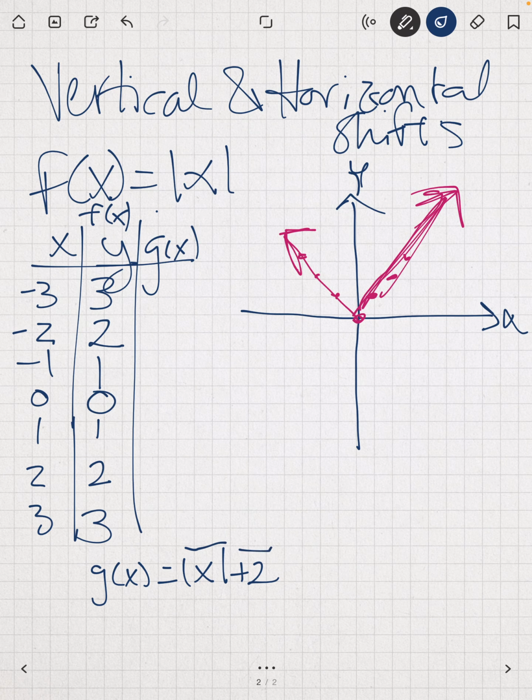The absolute value of -3 is 3. We add 2 to get 5. The absolute value of -2 is 2. Add 2 to get 4. The absolute value of -1 is 1. Add 2 to get 3. The absolute value of 0 is 0. Add 2 to get 2, 3, 4, and 5.